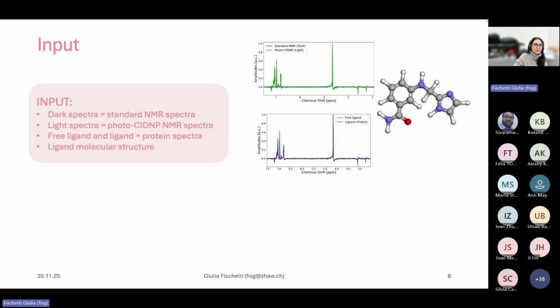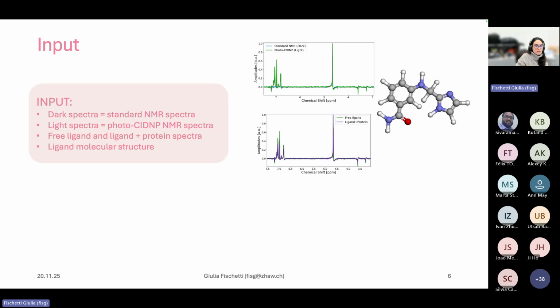So the first step is, of course, the input. What does this pipeline take as input? It takes, as I said, the dark spectra and the light spectra, so standard NMR spectra and Photo-CIDNP NMR spectra, both for the ligand only and the ligand in presence of a protein. It also takes as input the molecular structure of the ligand.